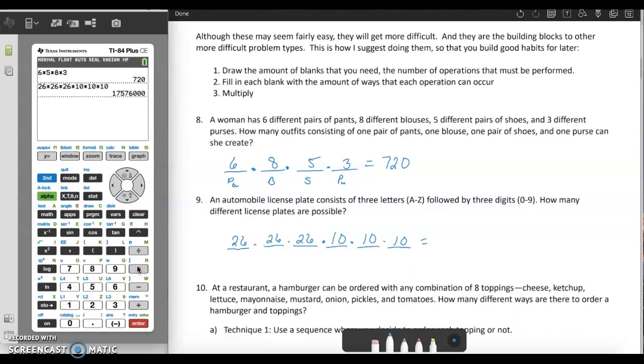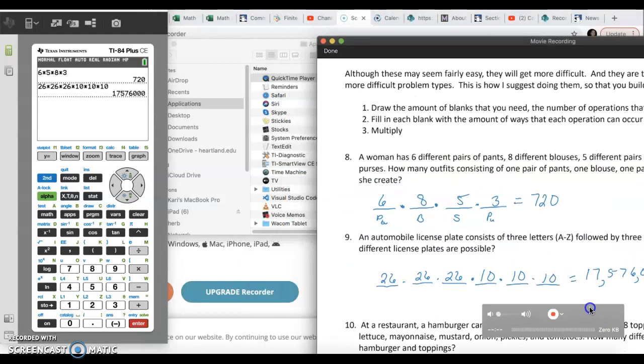And that gives us, okay, let's see. I always write it down and then I go back and put my commas in so that I can really read that off. So it looks like 17,576,000 ways to make these license plates. So you can see why picking a license plate that has already been used before should be a fairly rare thing to have happen to you.